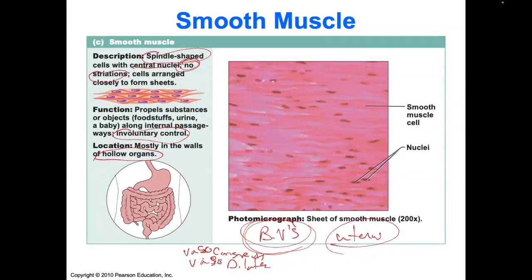When you have vasodilation, which means vessel dilation, the blood vessel is open. Blood pressure drops. When you have vasoconstriction, it gets narrower. This increases blood pressure. When it vasodilates, it decreases blood pressure. It's only the smooth muscle of blood vessels that can open and close the diameter of it.